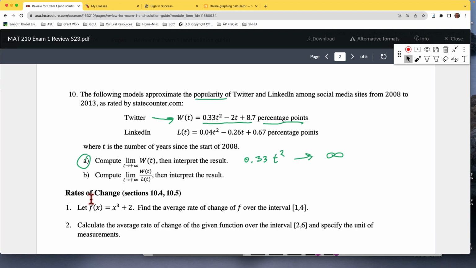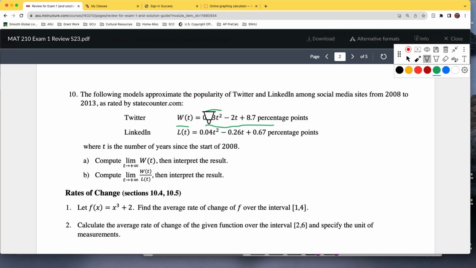Probably question B is now a ratio of the two, so we write them as a fraction. So let me clear this off. It's going to be W of t over L of t, right? So it's a fraction. Instead of rewriting them, I'll just make it into a fraction. And when we have a polynomial divided by a polynomial, again, what do we have to consider?